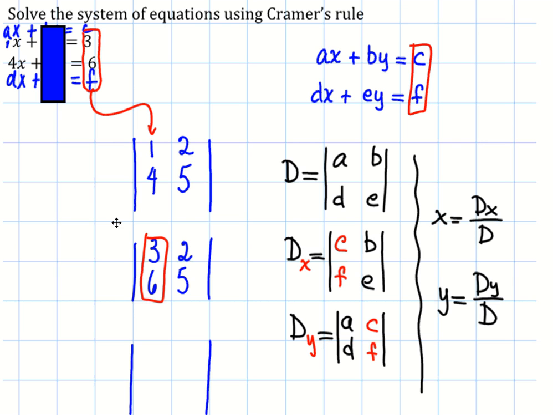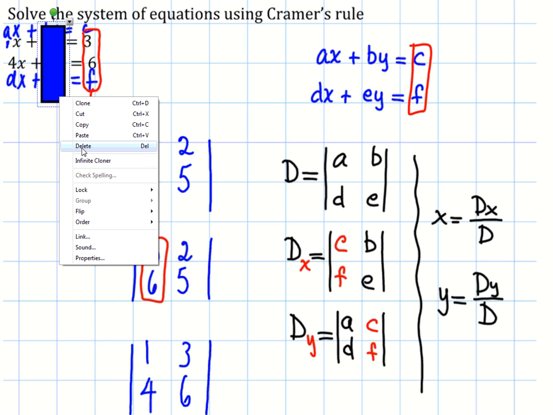Okay, so let's write that down. Our A would be 1, our C is 3, D is 4, and F is 6. So we have our matrix.